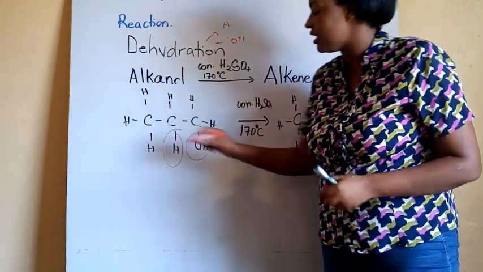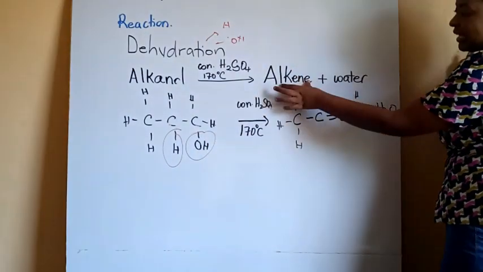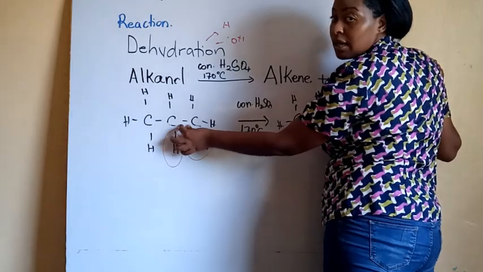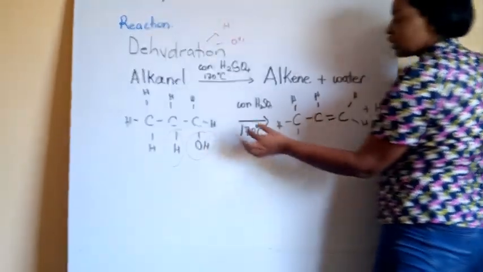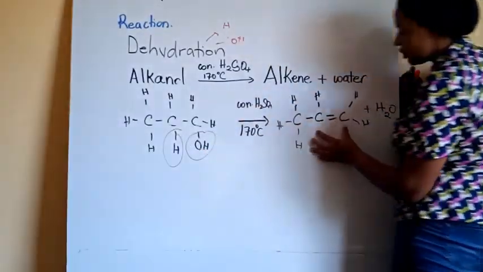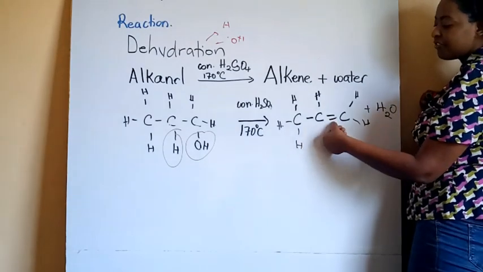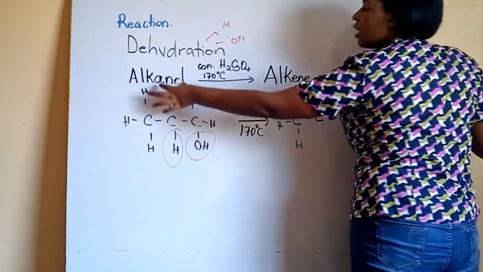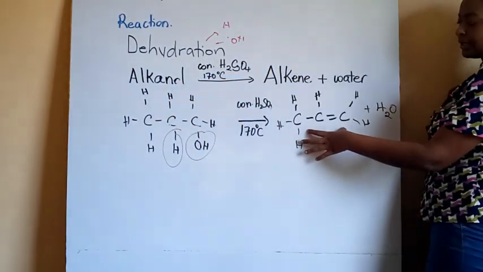So we're going to take away this H. Remember, an alkene is going to form. So where we're removing the water, the carbon double bond will form. So here, we remove these. You notice they're no longer there. What we have is a double bond. Right? So that's how we move from alkanol to alkene.